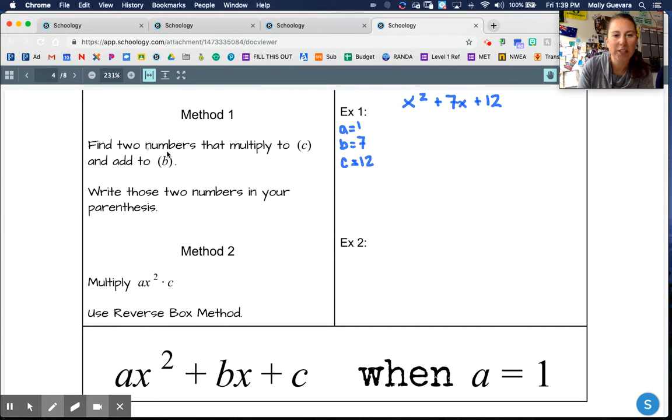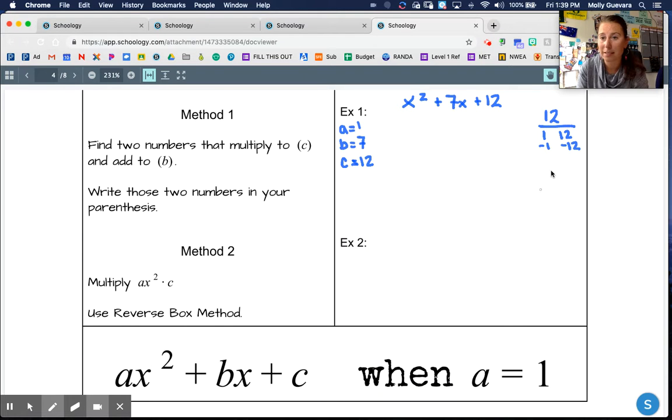It says find 2 numbers that multiply to c. So I want numbers that multiply to 12 and add to 7. Most of the time we could do this in our head and just go down the list, but because this is notes, I would like to make a list of all the numbers that multiply to 12. I have 1 and 12, or -1, -12.